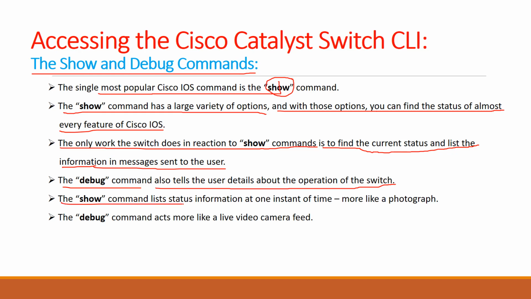The show command lists status information at one instant of time, more like a photograph at one instant of time. The debug command acts more like a video camera feed or streaming. You get live information coming to you every moment.